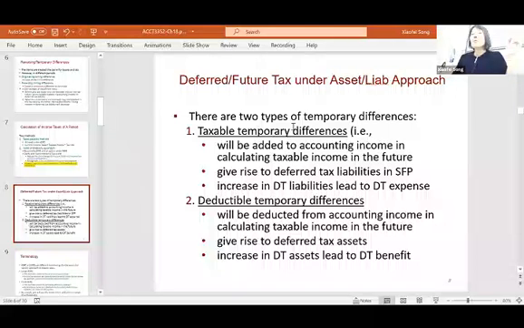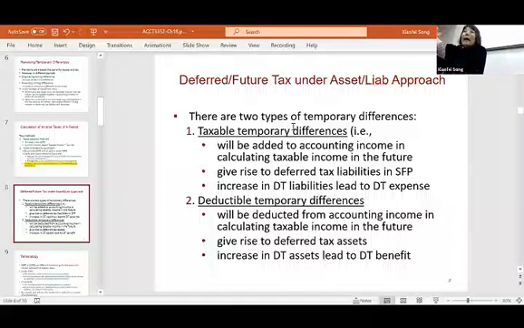Taxable temporary difference means that the difference will be added to accounting income to determine taxable income in the future. That's it. It is called taxable because this difference will be taxable in the future. So sometime in the future, when this difference reverses, you need to add this difference to determine taxable income.